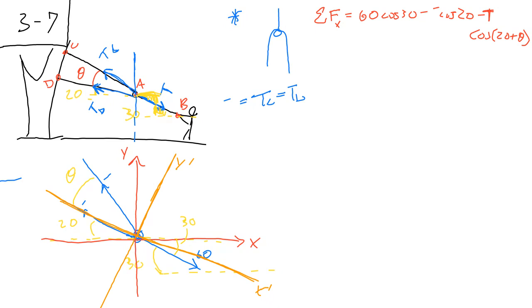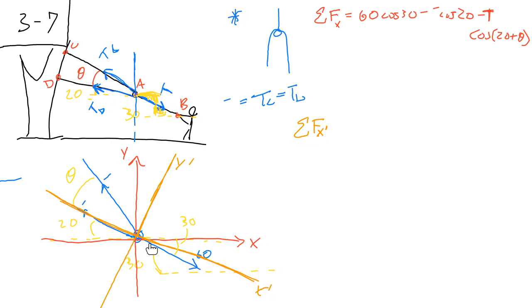So I guess you could work it out with some trig identity, but I'm not sure how clean that would be. So let's do the sum of the forces in the x direction for x prime, where that's this coordinate system here, x prime. So there's a small angle right here, right?